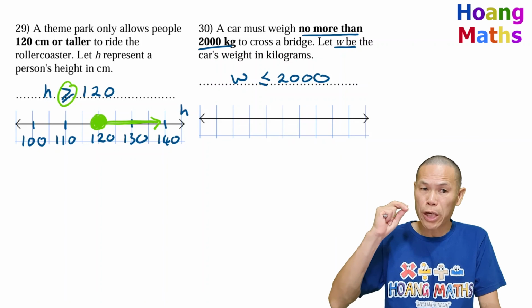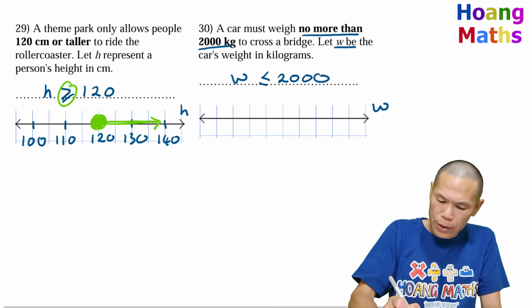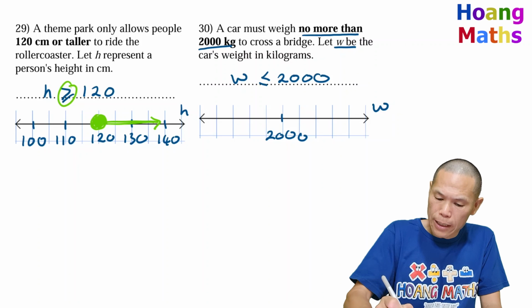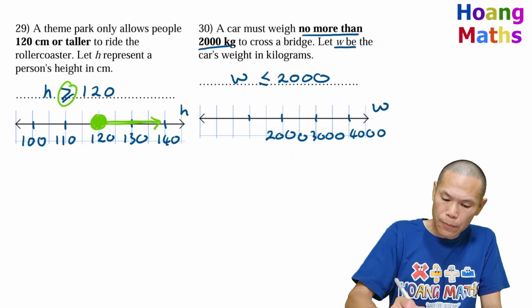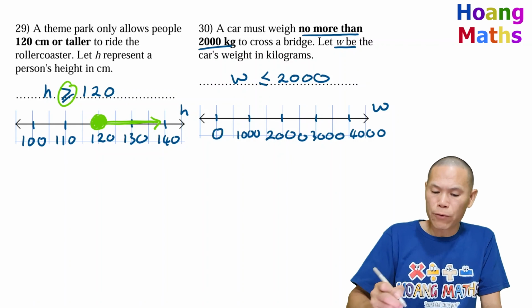So we're including 2,000. And this is W. Let me just write 2,000 here, and here is 3,000. And this is 4,000. This is 1,000. And this is 0 if you wish.